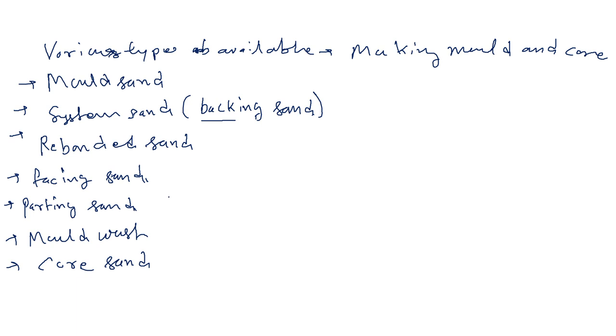Among these, some other materials can also be used for mold making. Metallic mold is used in continuous casting, generally copper. Copper mold is used in continuous casting.